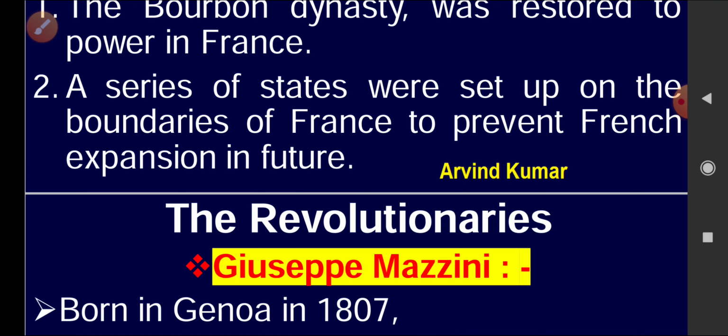Specifically, it was simply like a computer shortcut key, Control plus Z, undo of all the changes which Napoleon did during his period.